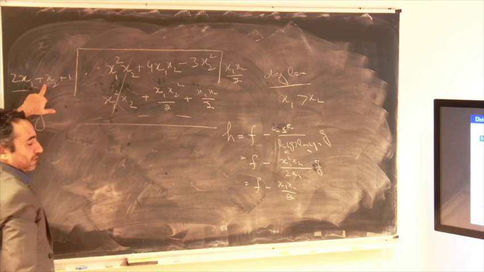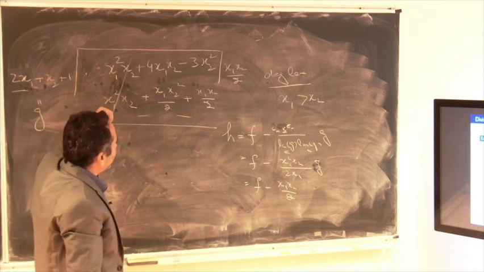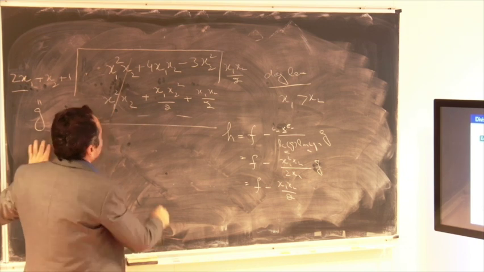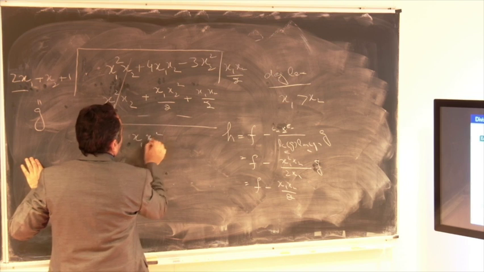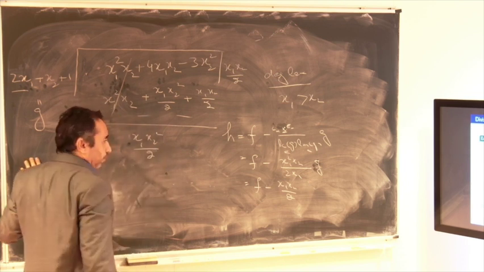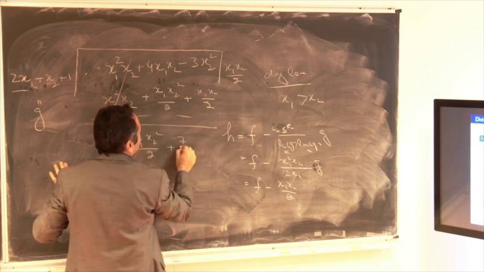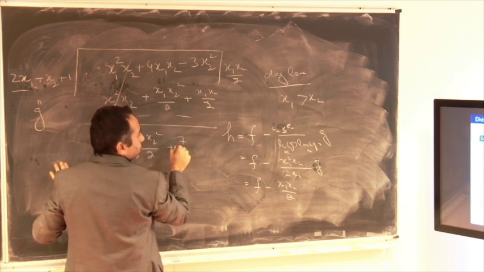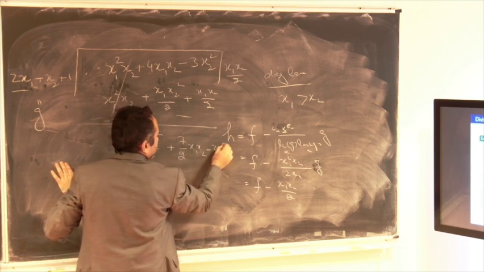This will be cancelled out, as I told you already that there will be cancellation of that term, and then we have this x1 x2 square. Again we need to write it in the form of ordering, plus we add these two terms and we get 7 by 2 x1 x2 minus 3 x2 square.